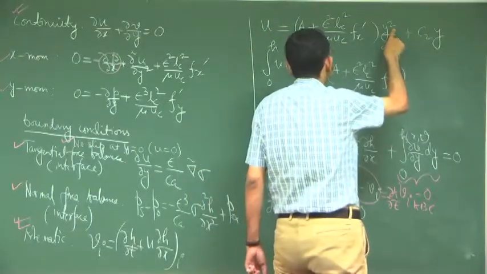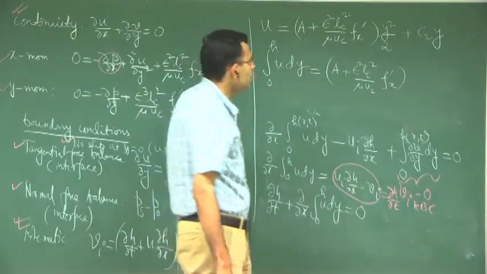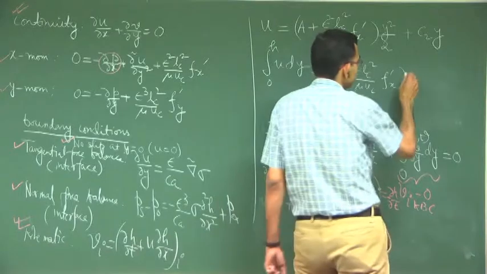So, the integral of y square by 2 over h will be y cube by 6, right.